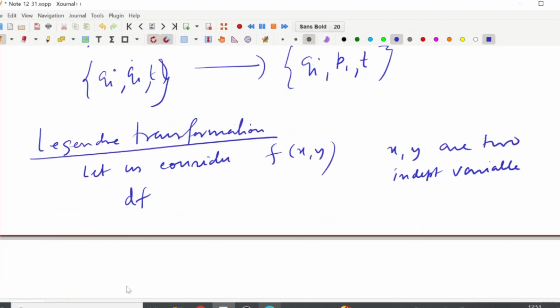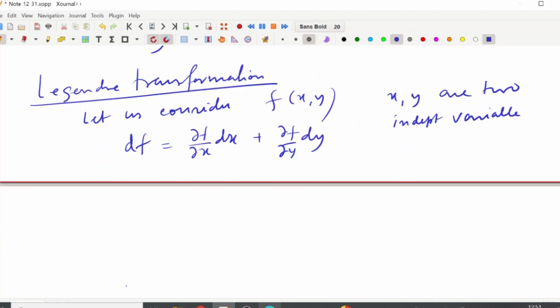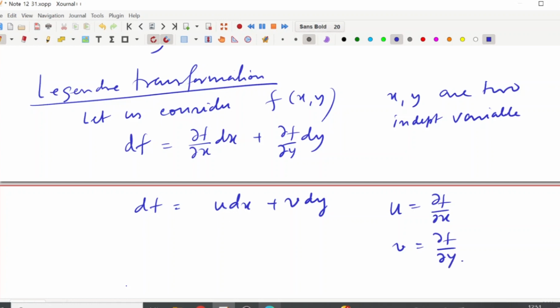So, df, by the differentiation chain rule, is ∂f/∂x dx plus ∂f/∂y dy, which further you can write as df = u dx + v dy, where u is ∂f/∂x and v is ∂f/∂y.